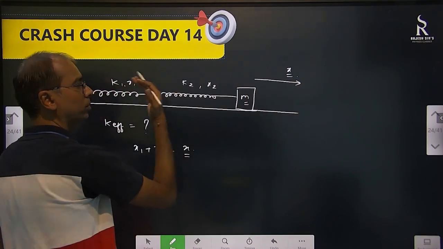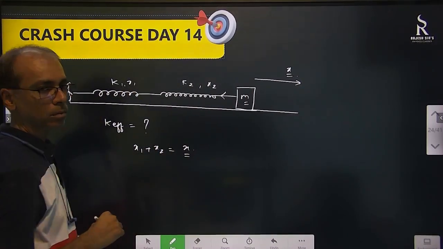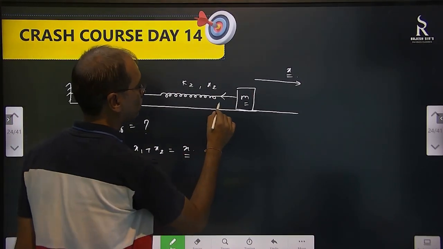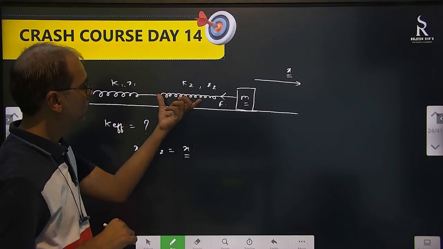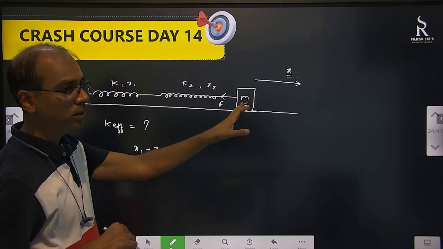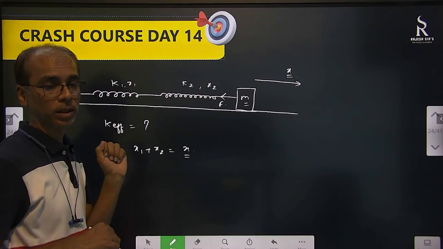Okay. Now when you are going to leave it after stretching it, what will happen is spring force will bring it back. So in this one, what will be spring force acting? How much spring force is going to act? Let's assume F. This spring is going to apply the force on this side, and on this side also it applies. Both sides it applies.